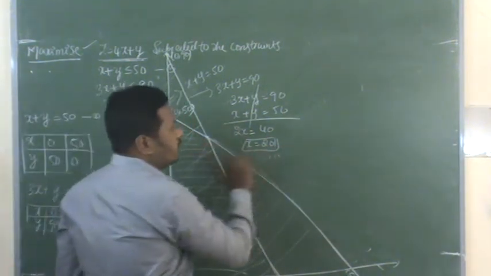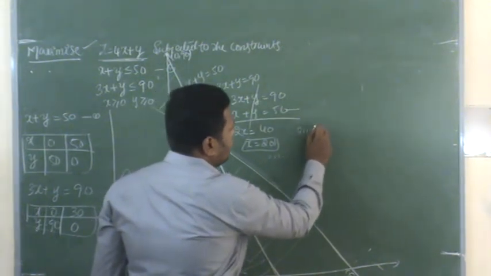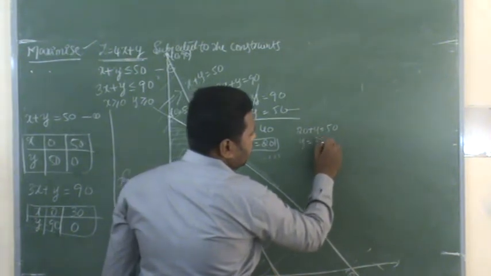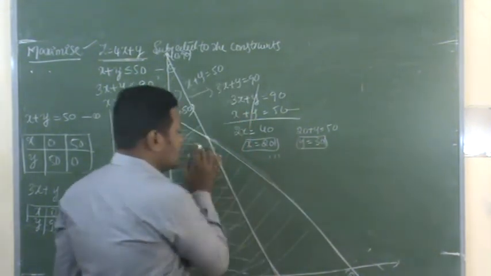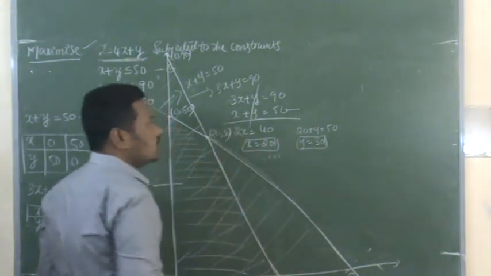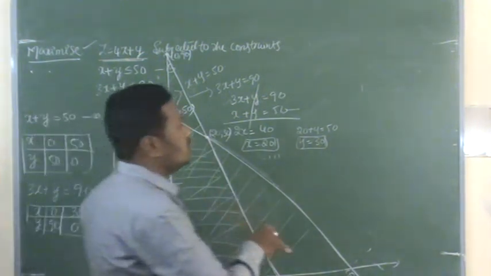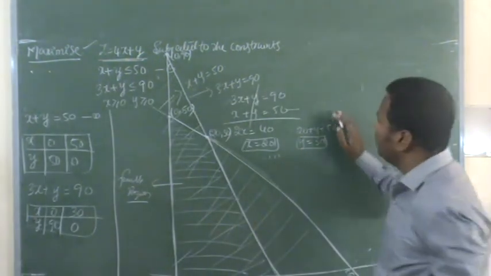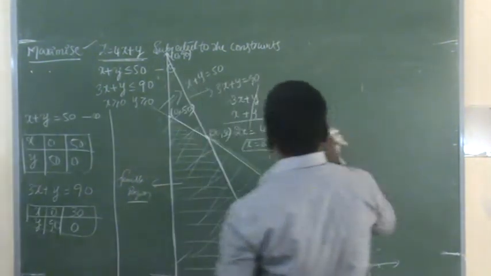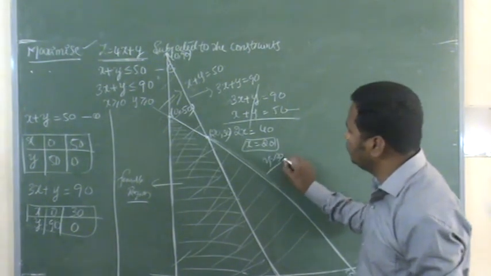For x equals 20, 20 plus y equals 50, so y equals 30. The intersection of these two lines is 20 comma 30. Finally we substitute in the objective function to get the maximum value.